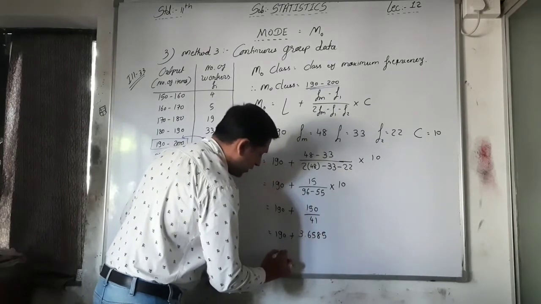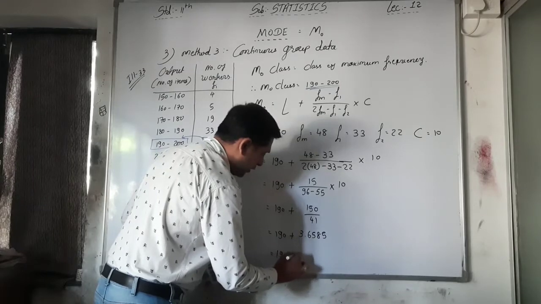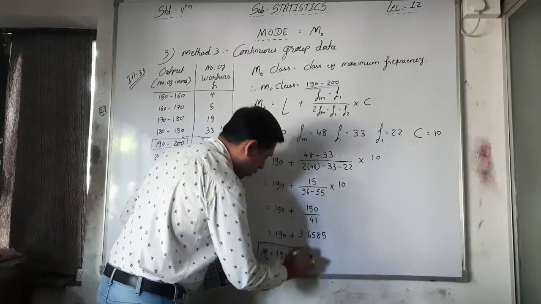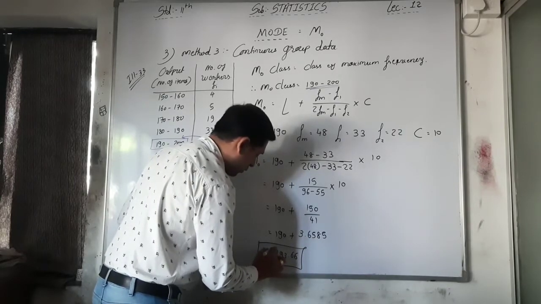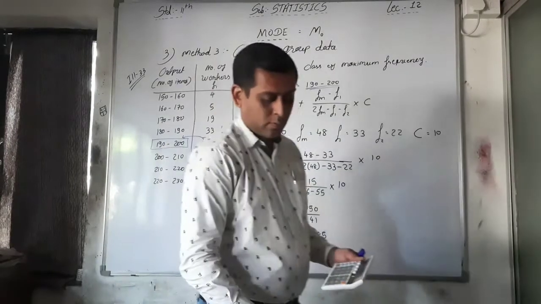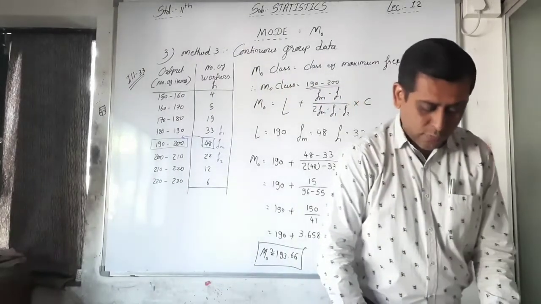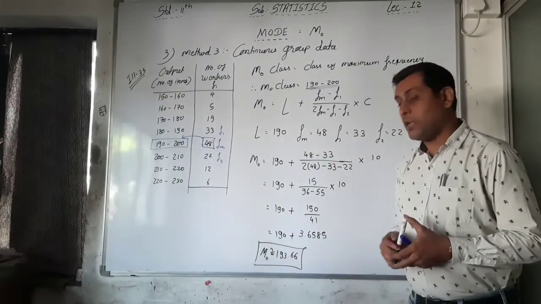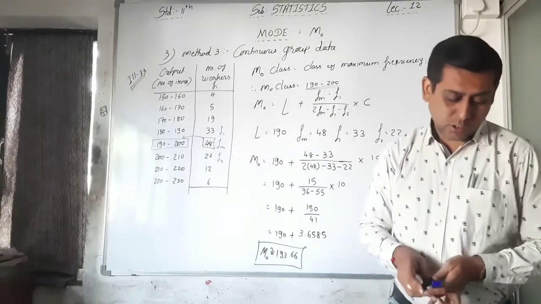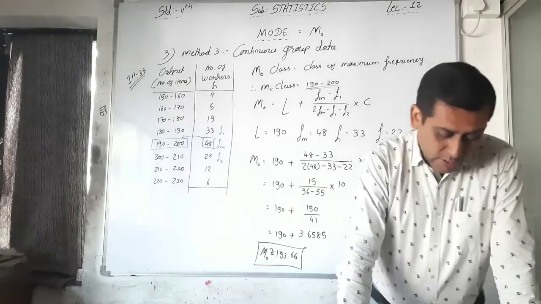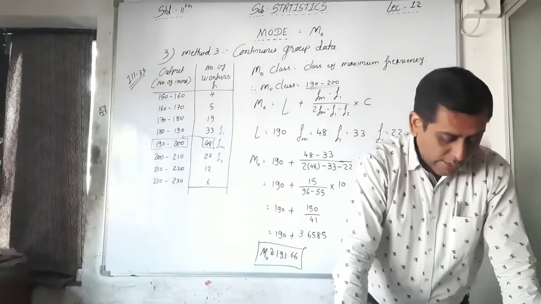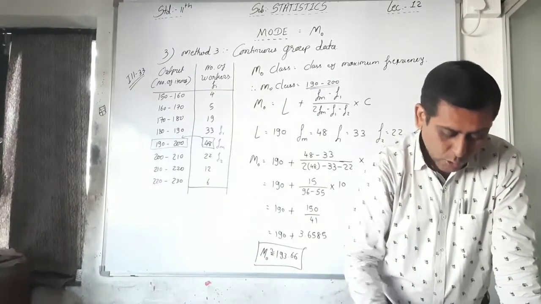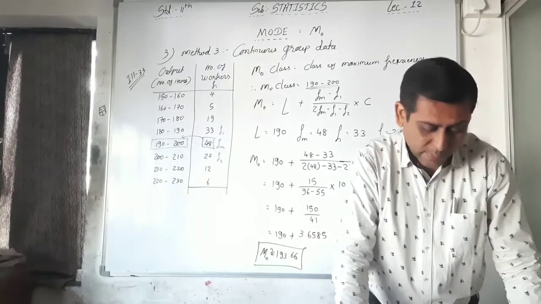So the answer is 193.66. Your modal value, approximate value. Approximate value of the modal class or modal output is 193.66. So you have to write that. Thus the modal output is 193.66 items. Okay. So here your sum is complete.